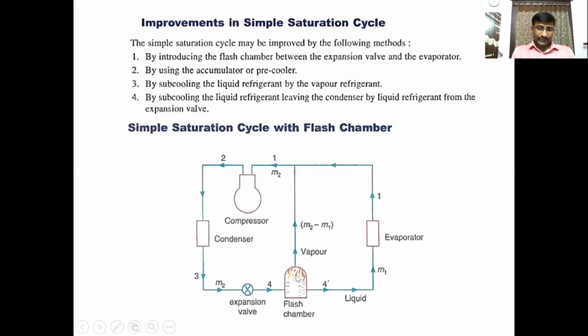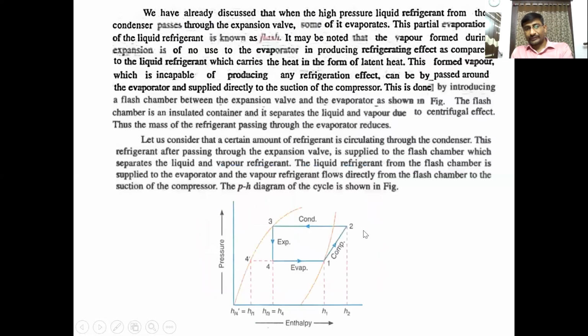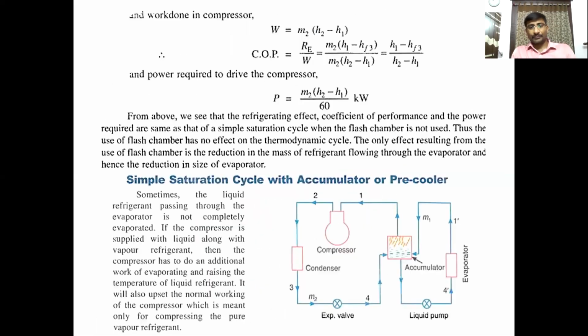We are separating the flash vapor from the liquid refrigerant. Thereby, the evaporator size can be reduced, and therefore the initial cost will be reduced. So we are not changing the COP, but we are reducing the initial cost. Thereby, the performance can be improved. Clear?